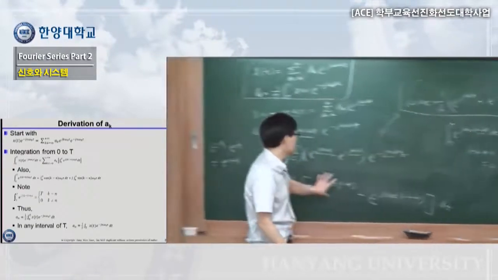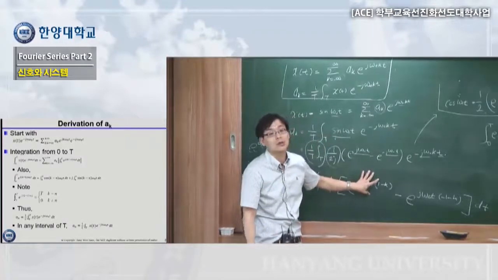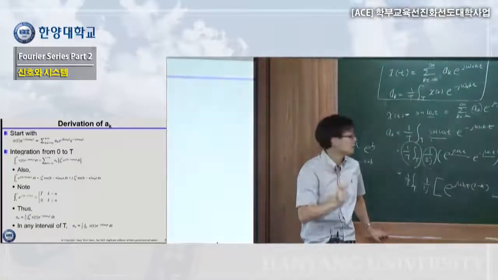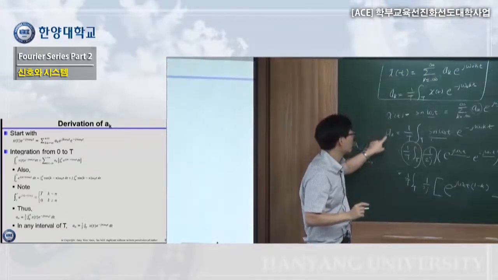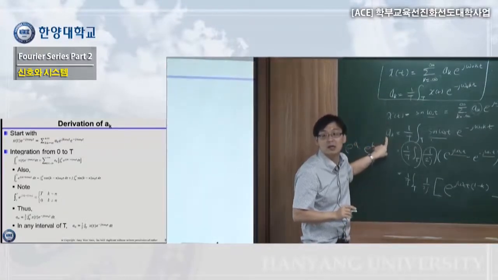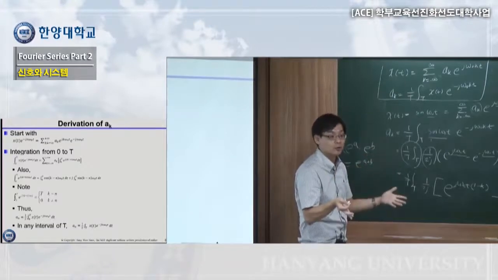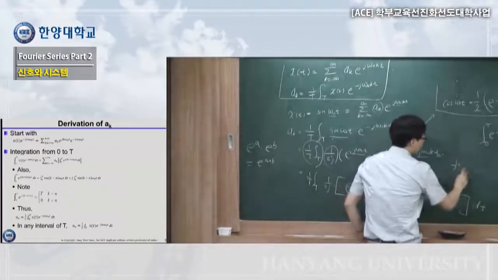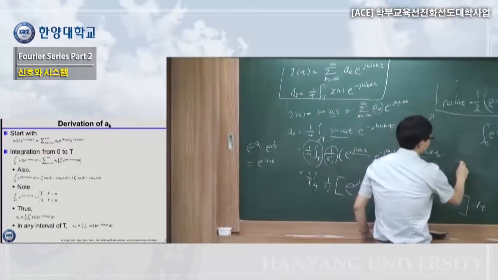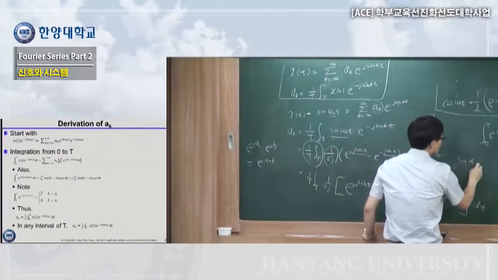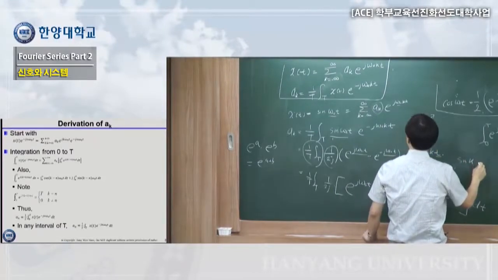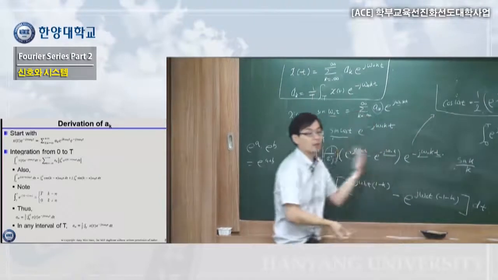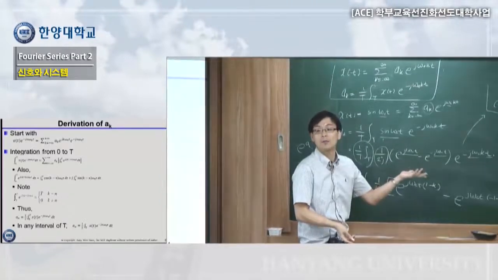So the first integration, this is the interesting part of the Fourier series. Here we try to find a general form of a_k. Many of the results come as a function of k, like sine k, I don't know, divided by k, or something like this. Many of them come in a form like that.